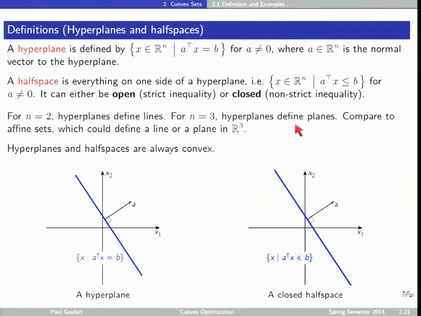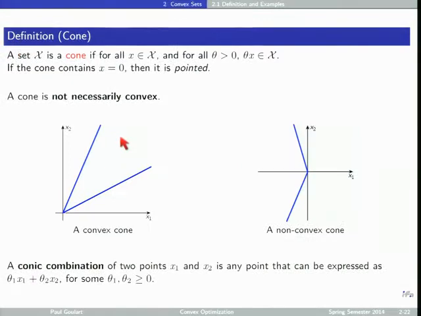But an affine set could be a plane, a line, a point, whatever. So that's a nice example of a convex set. It's probably the most commonly used when you model your optimization problems, but there are lots more.